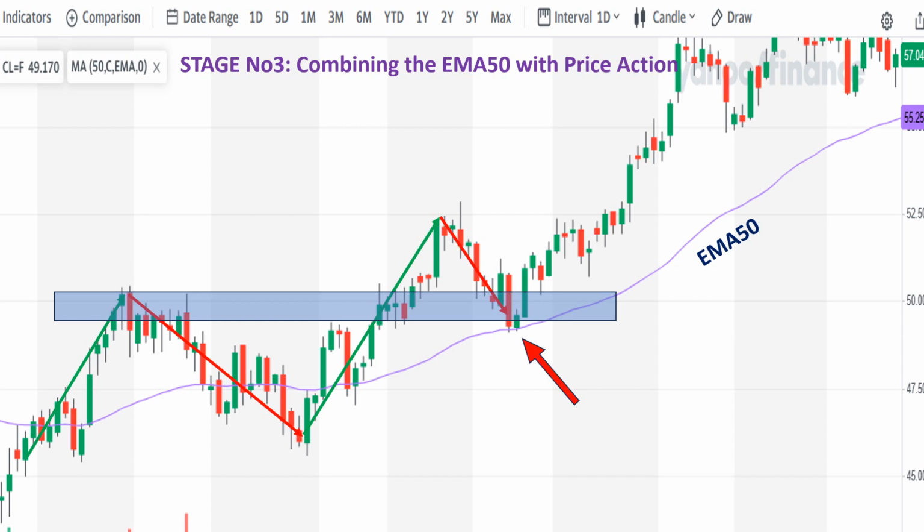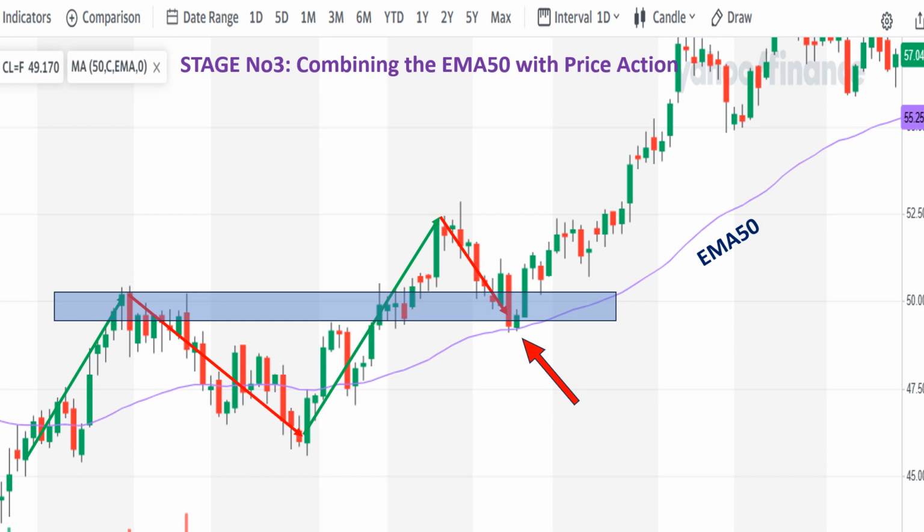Secondly, even if a candle closes below the 50-period moving average, but its upper shadow touches the moving average, I still regard it as a support level. However, I stop considering the moving average as a support level if a candle closes below the EMA50 without making any contact with the moving average whatsoever. At this point, I no longer view the EMA50 as a support level.